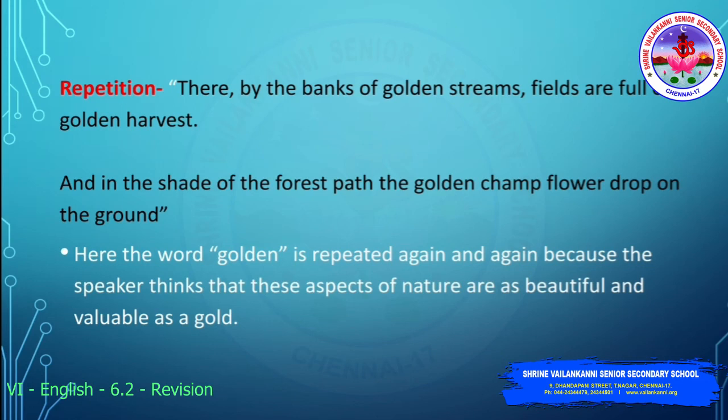Here the word golden is repeated again and again because the speaker thinks that these aspects of nature are as beautiful and valuable as gold.